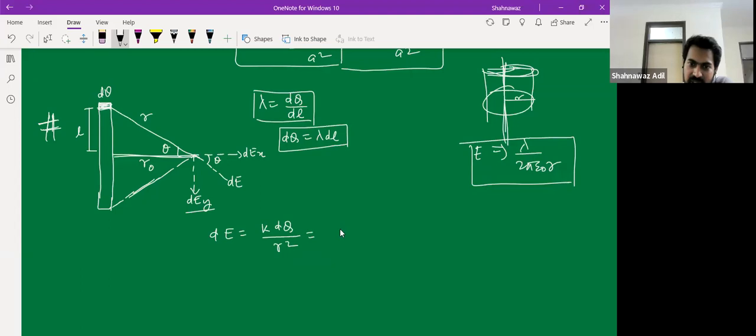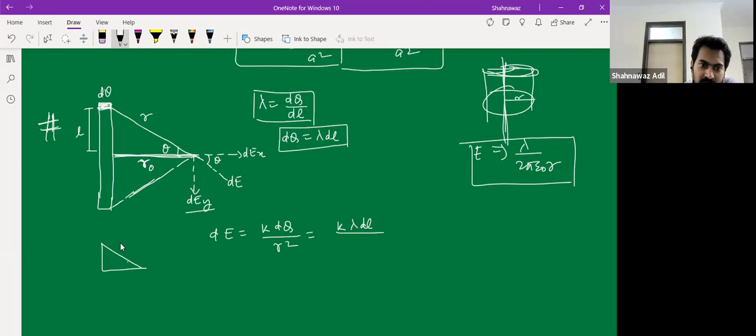So we can write this as K lambda dl by R square, whatever is this fixed value. So this is R naught, and this is R, and let us draw this equivalent triangle.